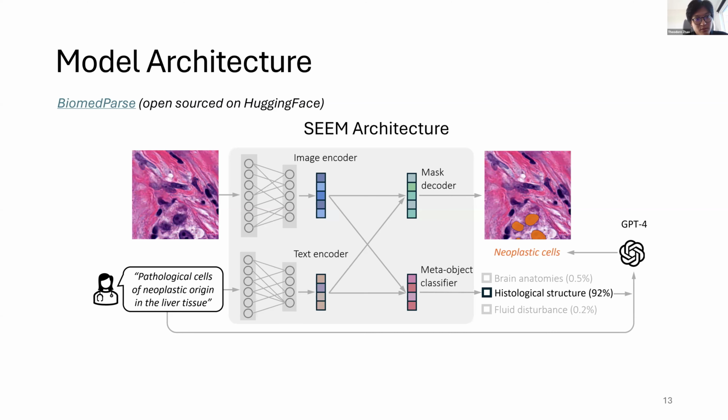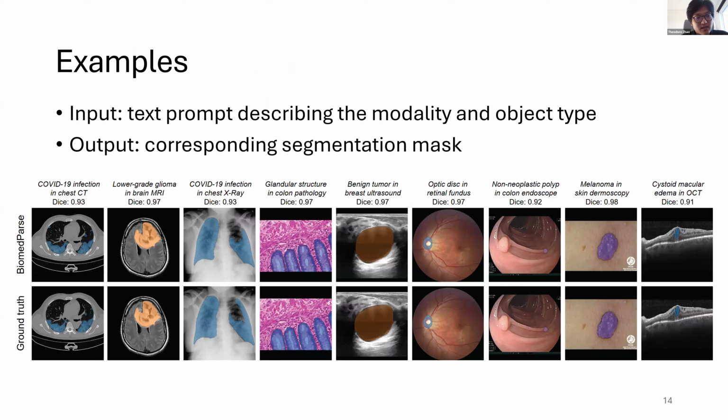We have also open sourced this model on Hugging Face. So for some of the examples, the input is just the text prompt describing the modality and object type, and the output is the corresponding segmentation. And we showed that in this framework, if we train on enough data, the model will be able to deliver segmentation tasks in the corresponding way.